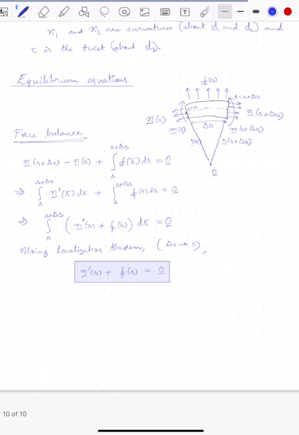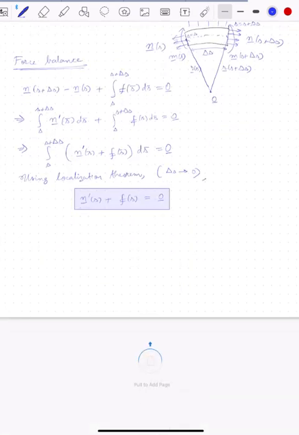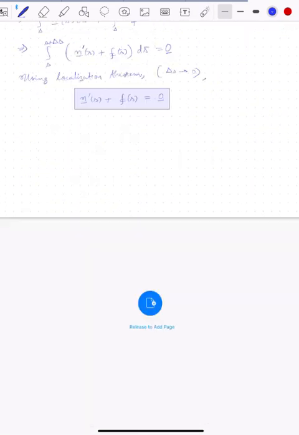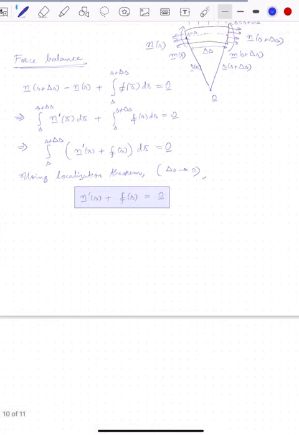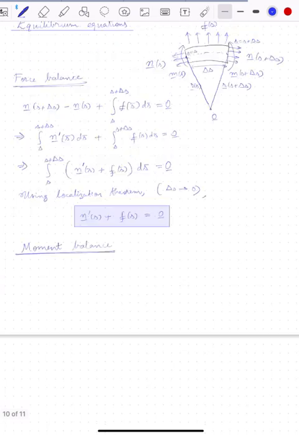Now let's look at the moment balance equation. In this case, let us balance moment about the origin.